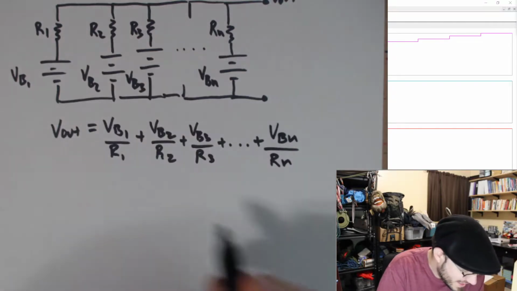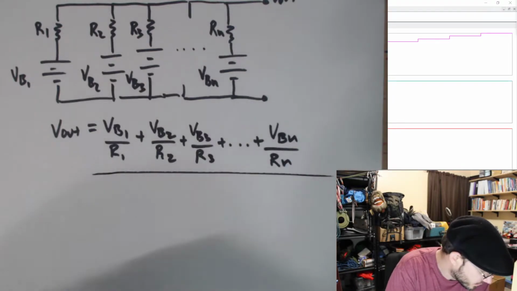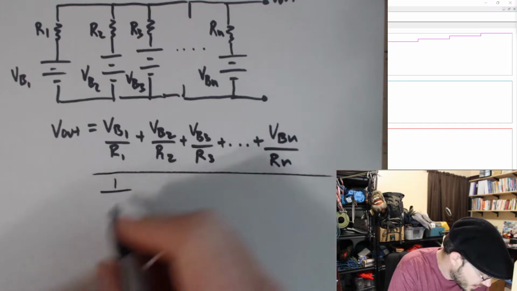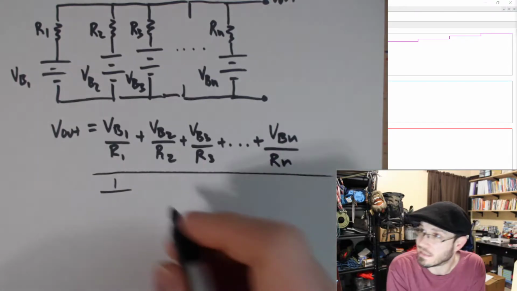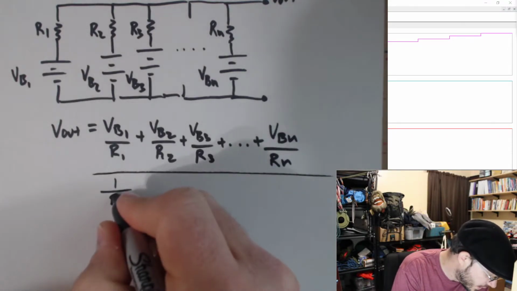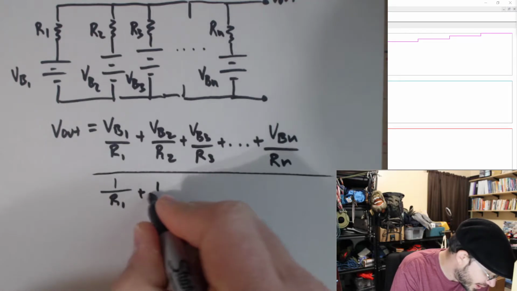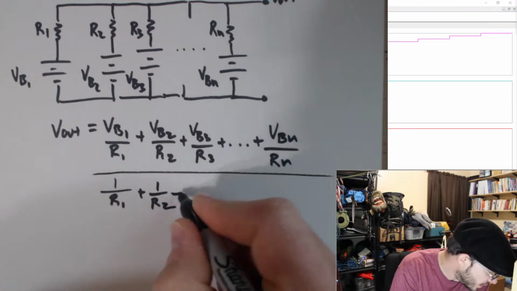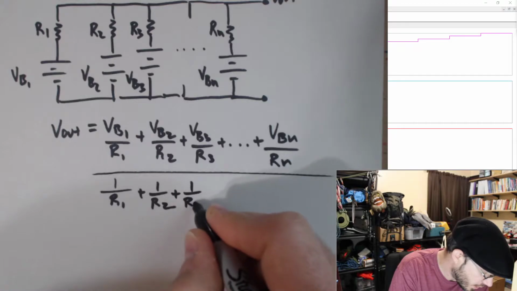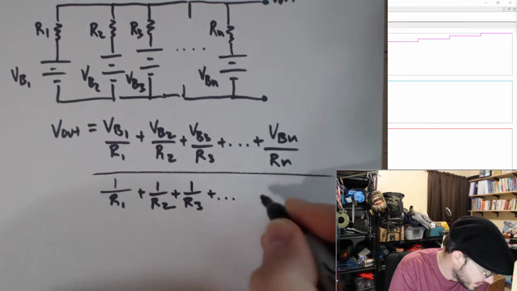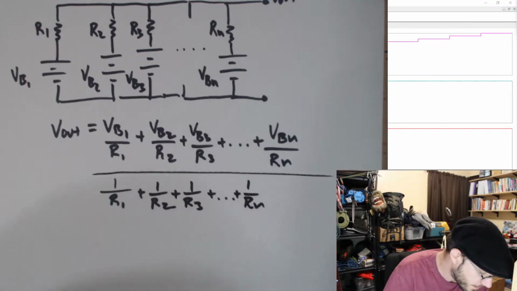And now all of this gets divided by the sum of the inverse of the resistances. So 1 over R1 plus 1 over R2 plus 1 over R3 plus dot dot dot 1 over Rn.